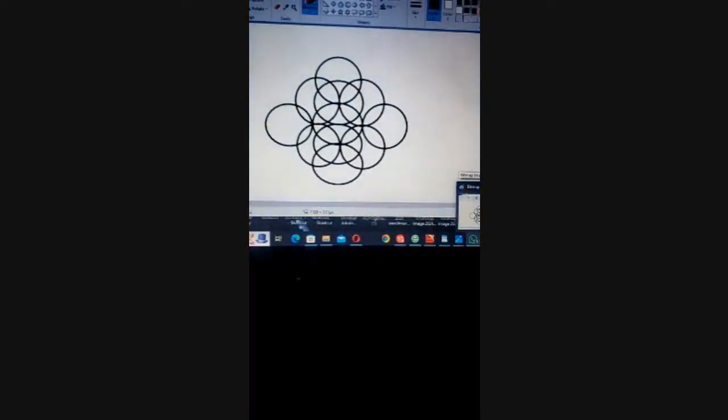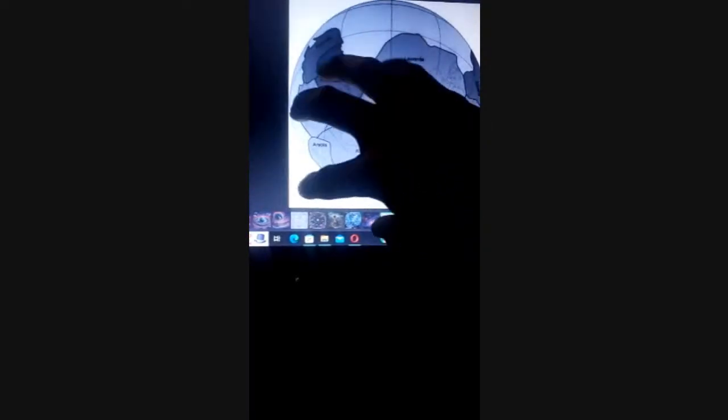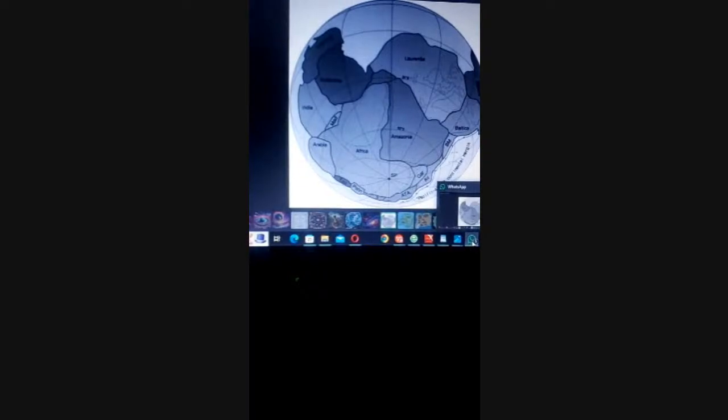That's the way it is. The more they journey and move, the more the landmass is moving, the more the ocean is expanding, the more the continents are being created, the more the planets are being created. That's the way it is.